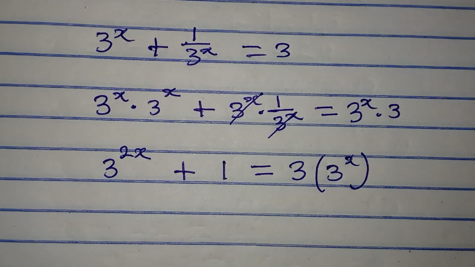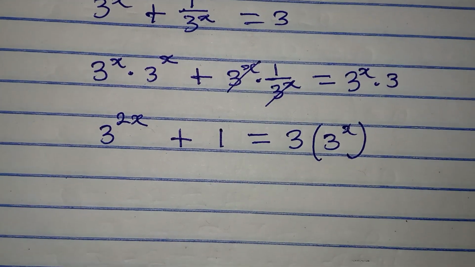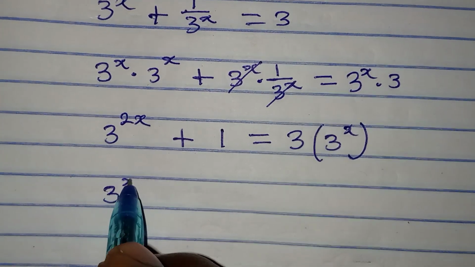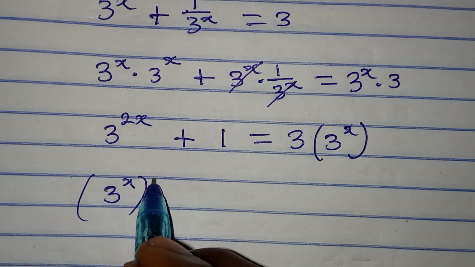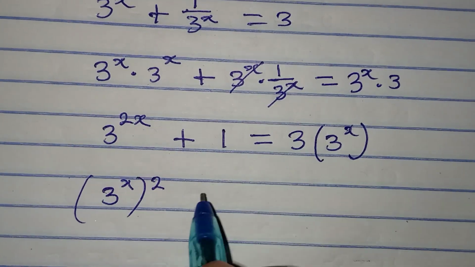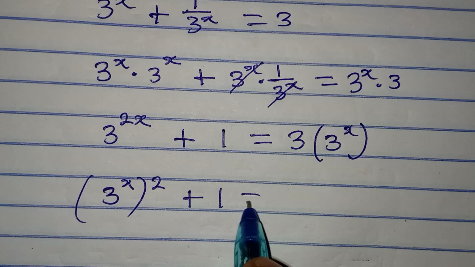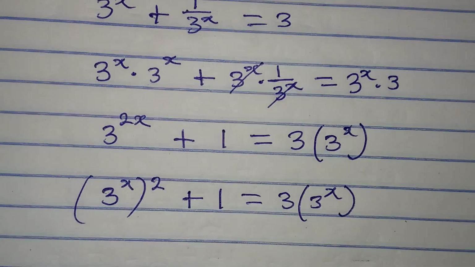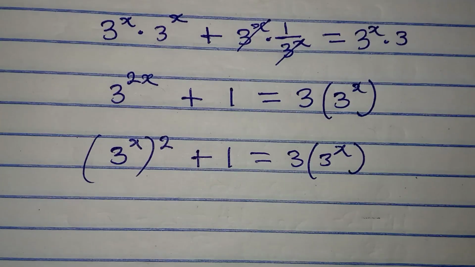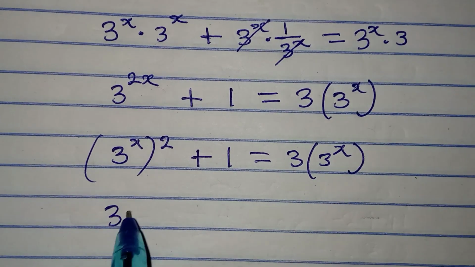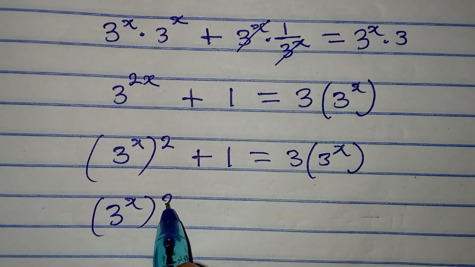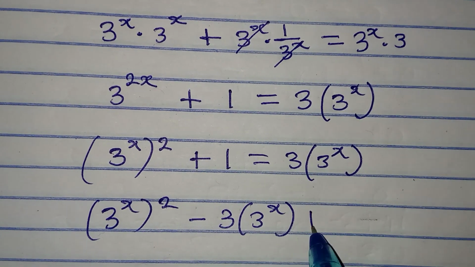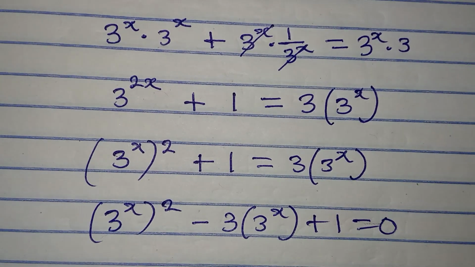Now what do I do in this case? Now this means that we are having 3 to the power of x to the power of 2. If I rearrange this, then this will be plus 1 equal to 3 multiplied by 3 to the power of x. And from here now, collect terms together. So I have 3 to the power of x squared minus 3 into 3 to the power of x plus 1 equal to 0.